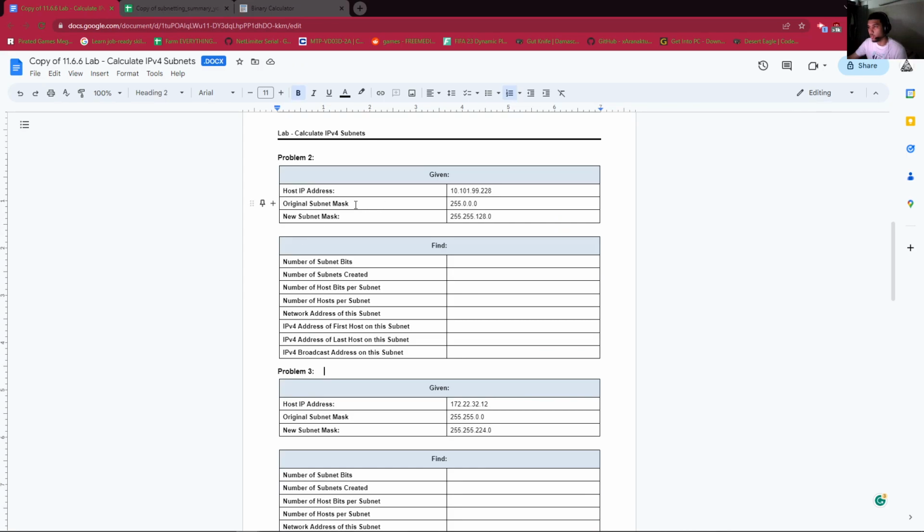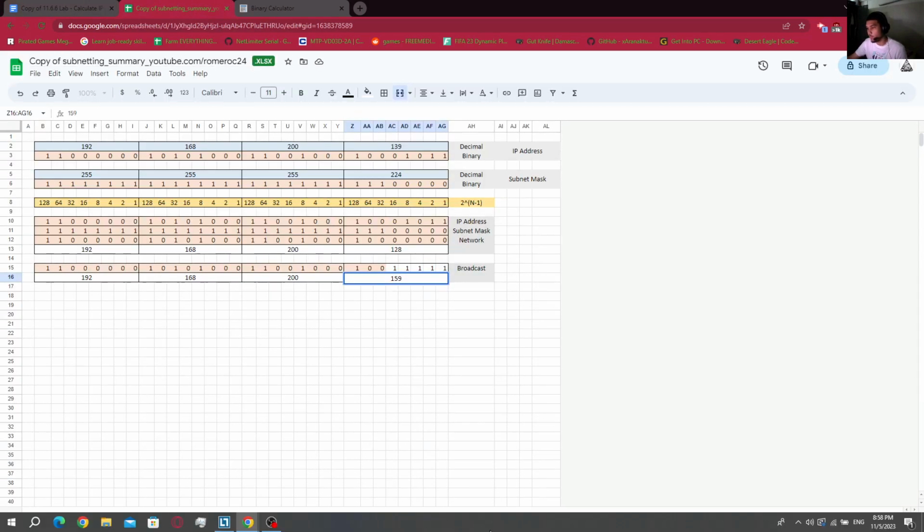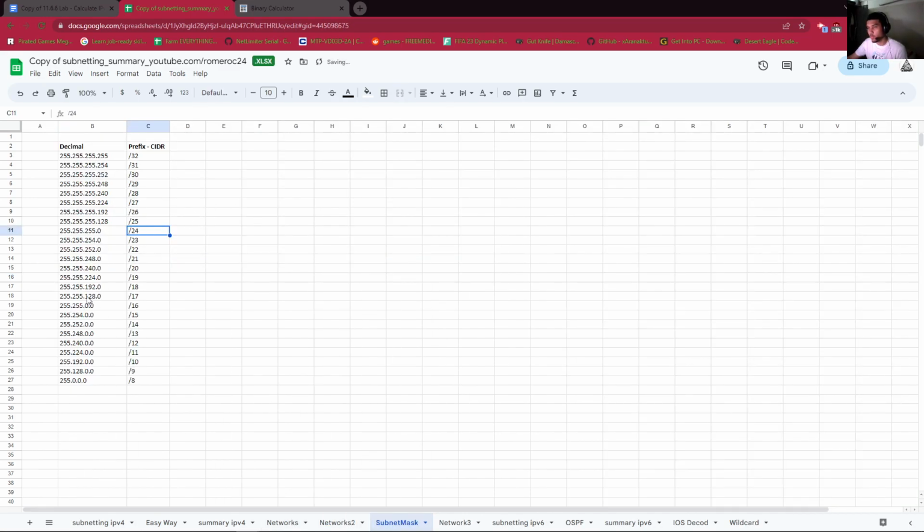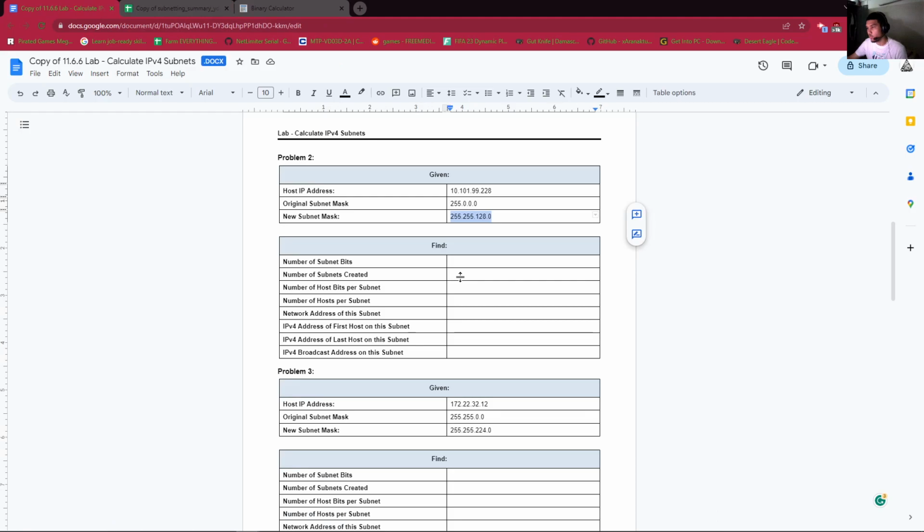Next, on to problem 2, the number of subnet bits, same as the top. To find the prefix of this and minus with this prefix. So 255, 255 and 128. 128 is 17.